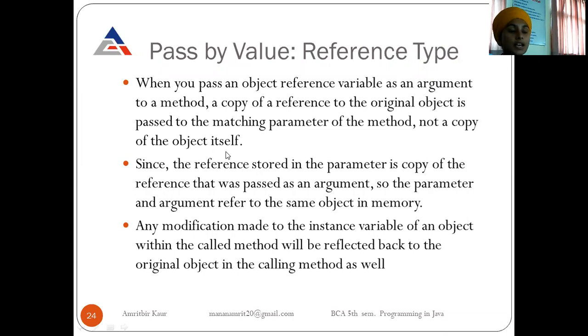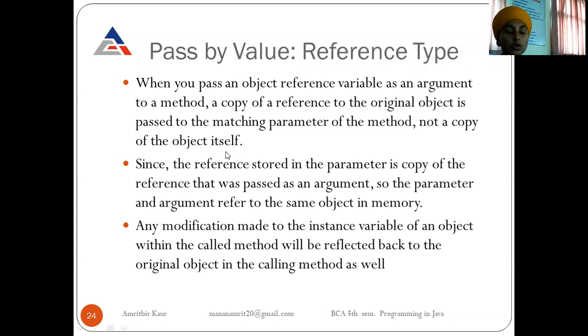So when we pass a reference variable as an argument, the reference is passed, not a copy of the object. The reference stored in the parameter is a copy of the reference that was passed as an argument. So parameter and argument refer to the same object in memory.